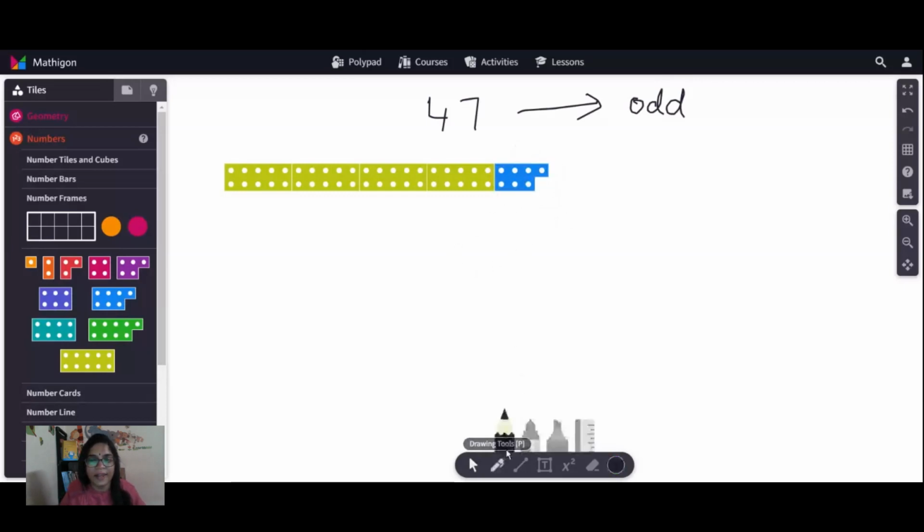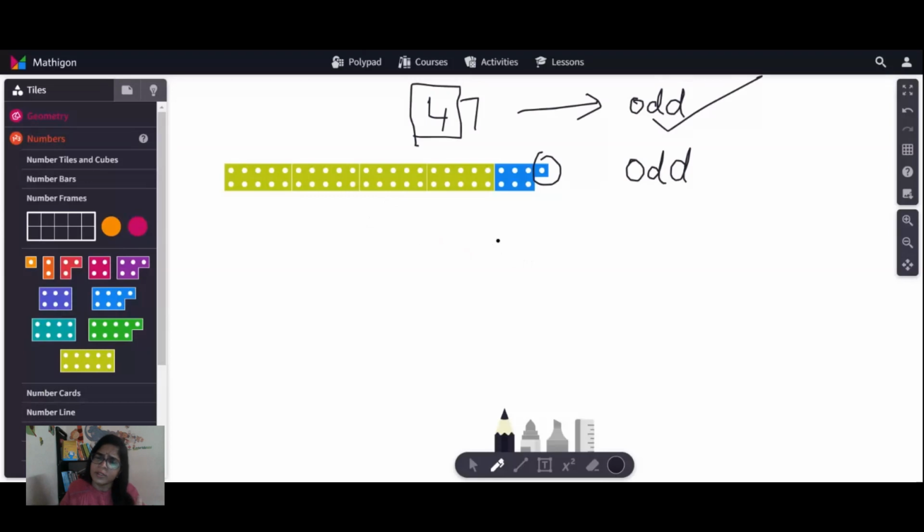You see, this fellow is alone, and it is surely an odd number, and I am right. And if you've done it, you're also right. And children, if you got confused saying, oh, 4 is there, so it's an even number, rethink. 4 might be there, but in which place is it there? It is not in the ones place, it is in the tens place. So it should not matter.